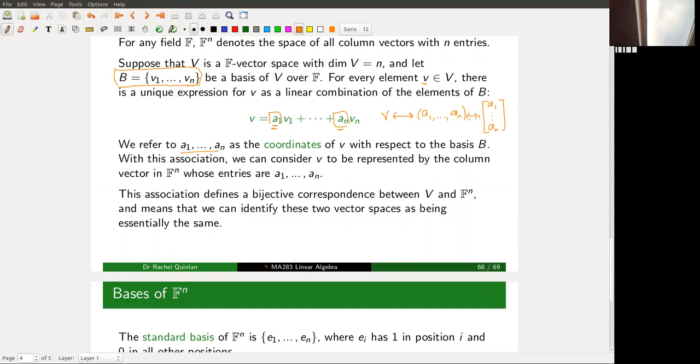Okay, so Fn, this F with a superscript of n, is notation for the space of all column vectors of length n, with n entries, whose entries are in the field F, so Rn or Qn or whatever.